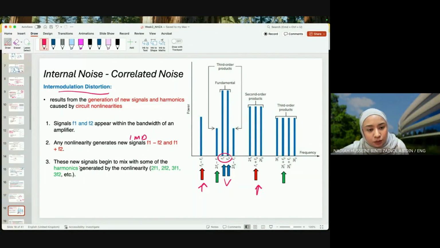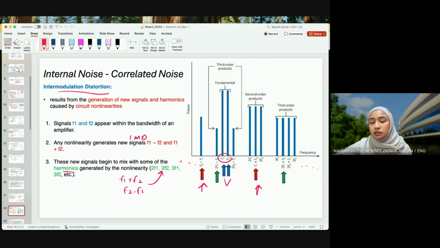And then these new signals, the ones in red, begin to mix with some of the harmonics generated by the nonlinearity as well. So you are mixing F1 plus F2 and F2 minus F1 with harmonics. So what you're going to get is 2F1 minus F2, 2F1 plus F2, 2F2 plus F1, and so on. You have a lot of this. So this is what happens when correlated noise occurs due to nonlinearity of your device.